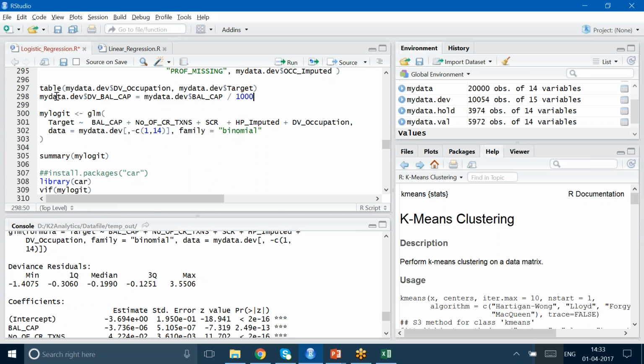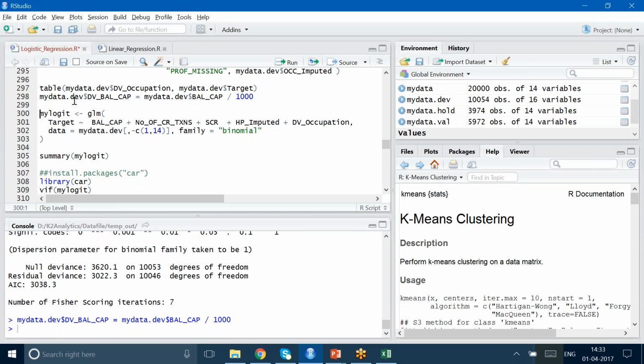So I'm changing all values and scaling them down by a ratio of 1000. And now you can take this variable and build the model. For example, let me take this variable now.